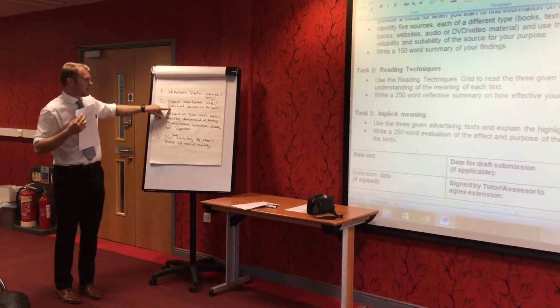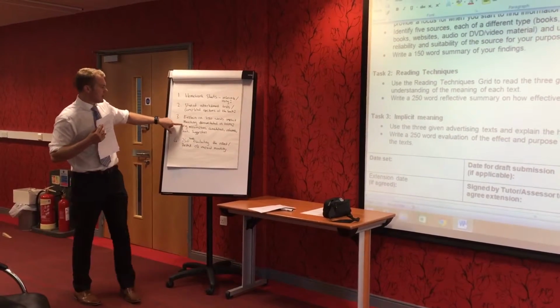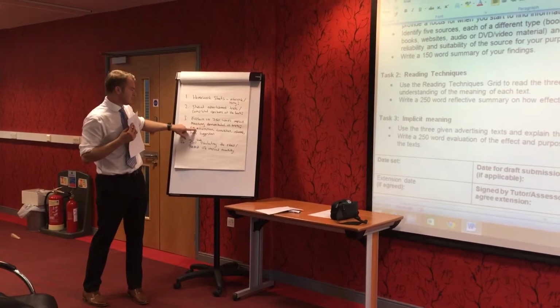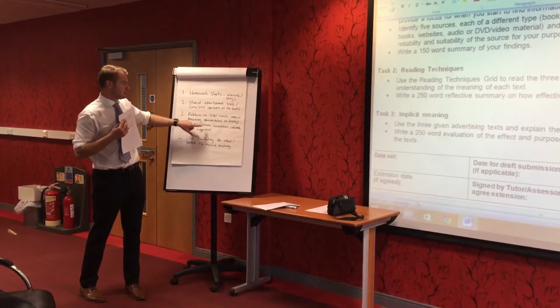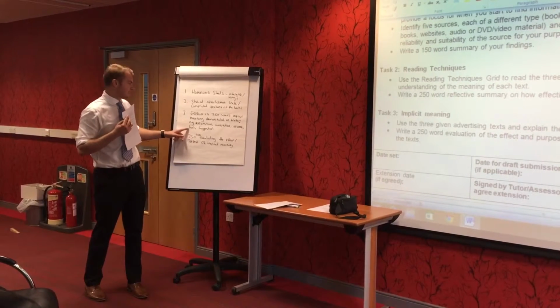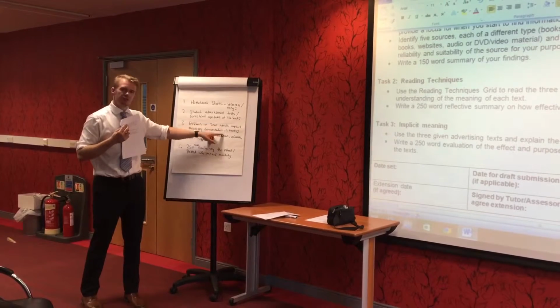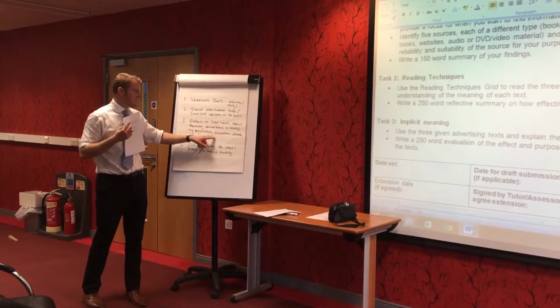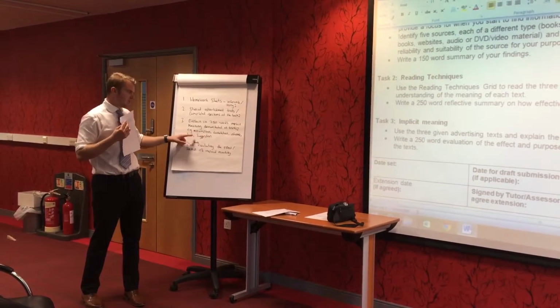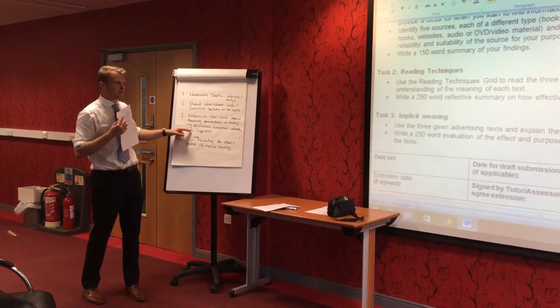As you're answering those questions, please try and bring in the different types of implicit meaning. So for example, assumption, connotation, inference, any examples of hint or suggestion. So as you're answering those questions, try and be mindful of these key words, phrases that we're looking for, because that's part of the assessment criteria for 3.1.